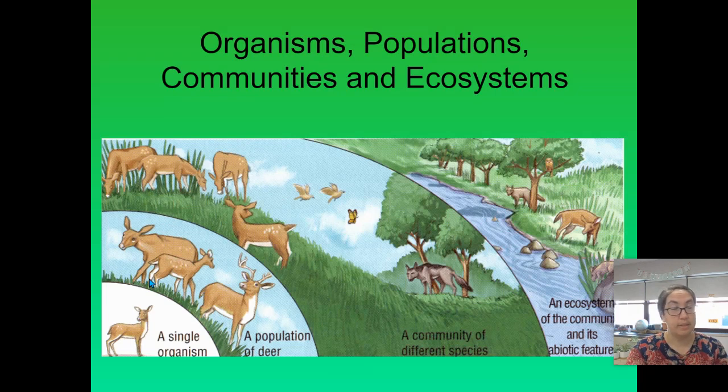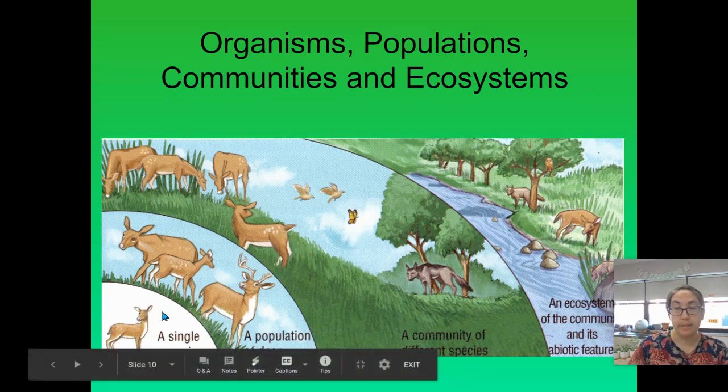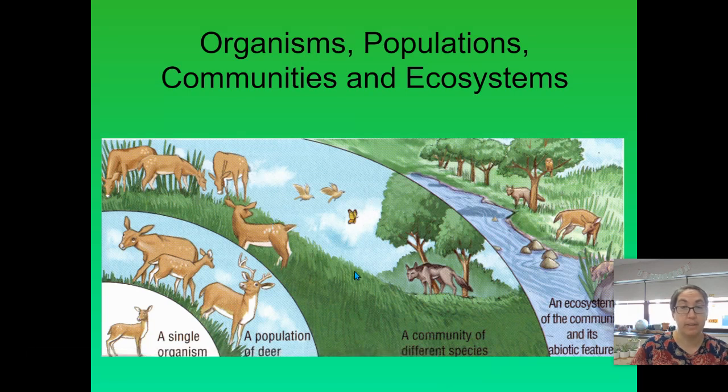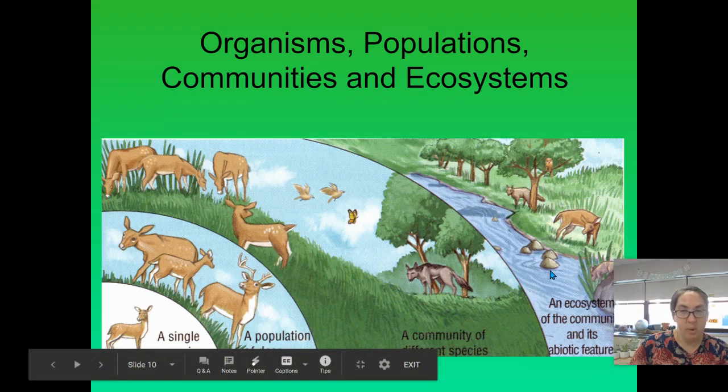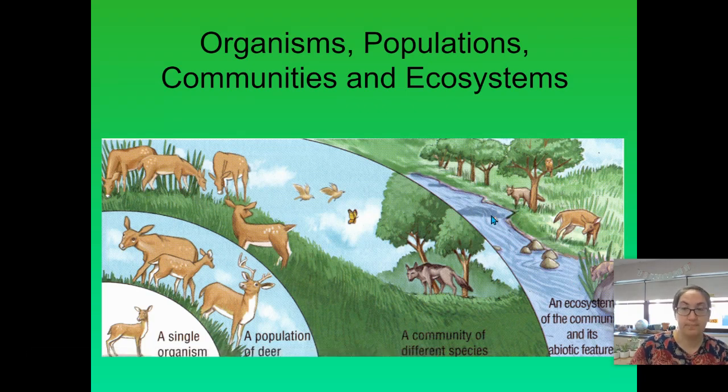So here is a great picture. We have our deer. So that's the single organism. We have a population of deer. We have a community that involves the deer and the butterfly and the grass and the trees and the wolf. And we have an ecosystem where I'm looking at all those species, but I'm also thinking about the rocks and the water and the sunshine and the air.